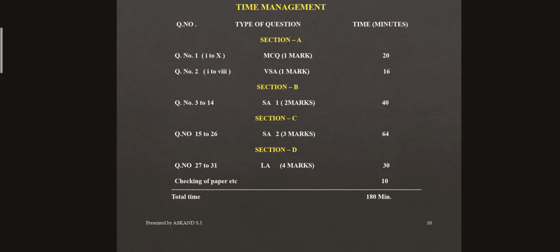Overall, this is only a slight idea of how you should divide your time when you are writing answers of the question paper. Writing the question paper is not going to be that easy.